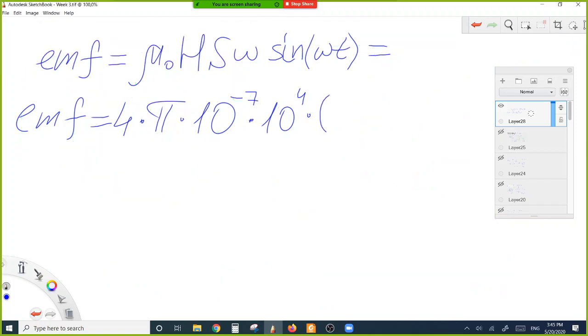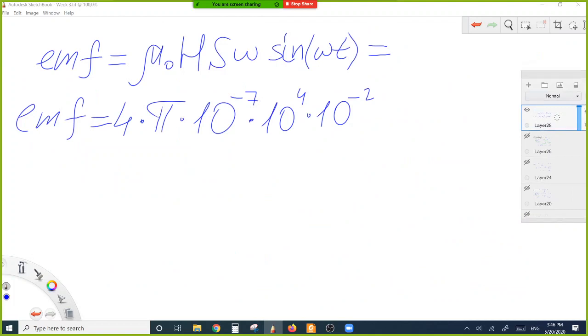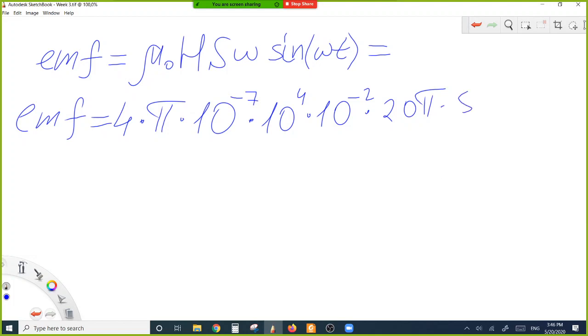S was given as 100 centimeter squared, which is equal to 100 times 10 to the minus 4, so S is equal to 10 to the minus 2 meter squared, and omega we found is equal to 20π radians per second, multiplied by sine omega t.